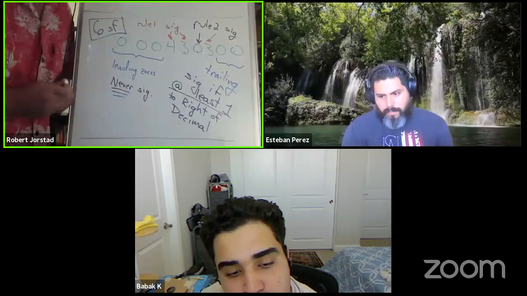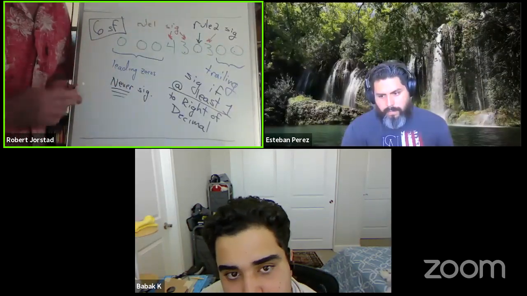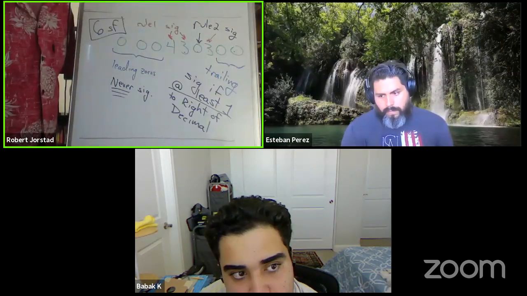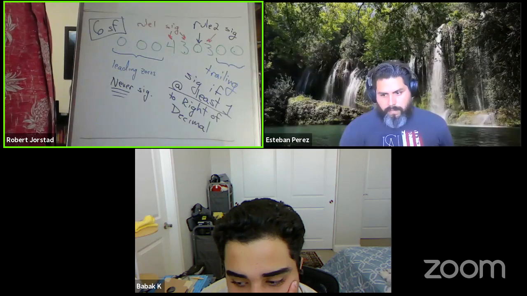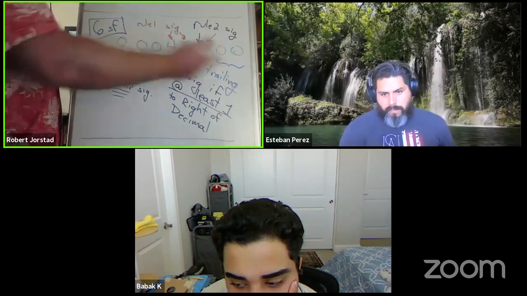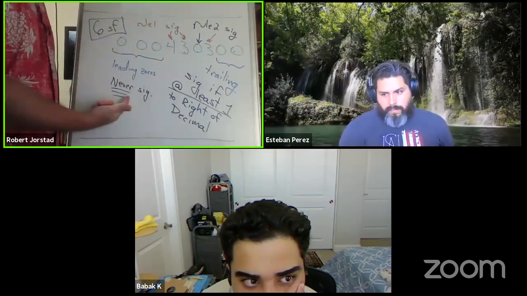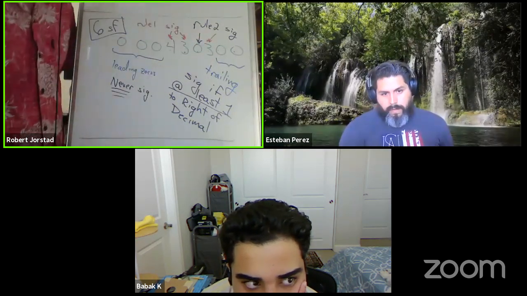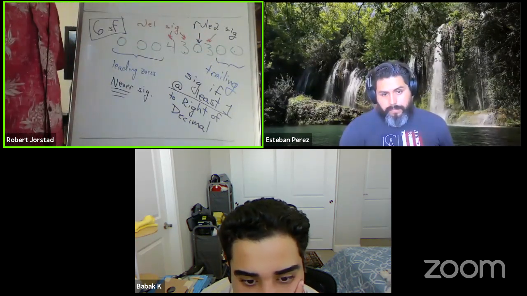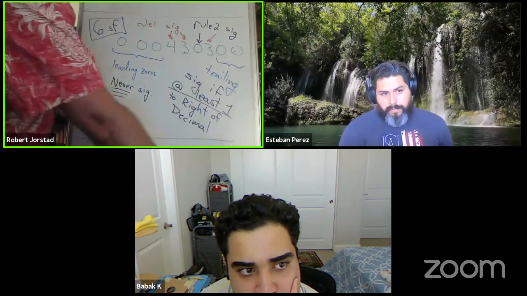Is that good, Jacob? Yeah. And so that's the thing. First, identify if it's leading or trailing. If it's leading, you don't have to think. If it's trailing, is at least one to the right of the decimal? Yep.